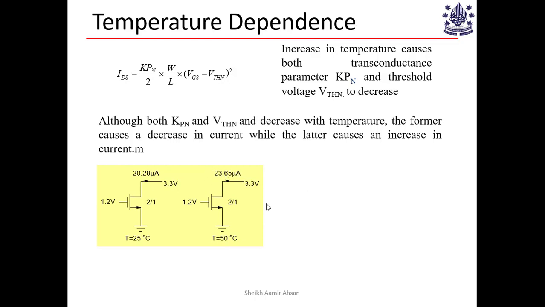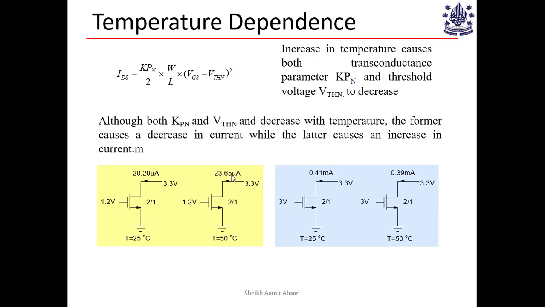So if I were to just present this picture, what you would automatically think or reason from this one is that any increase in temperature leads to an increase in current. But that's not always true. Look at this case.